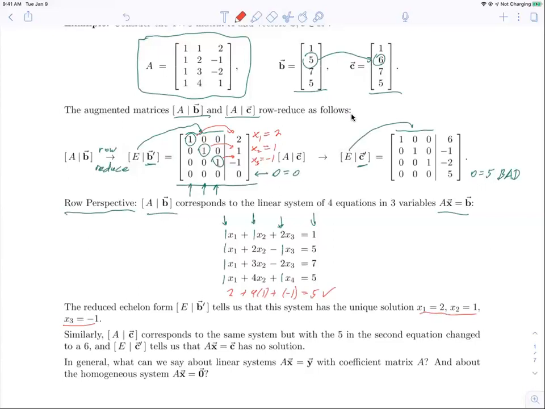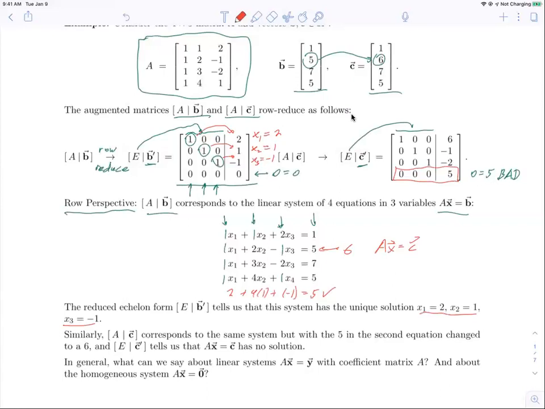But if we change this number right here to a 6, so that we're row reducing AX equals C instead of AX equals B, then we get this inconsistency coming from the 0 equals something in the last row of the row reduced matrix. So that has no solution.